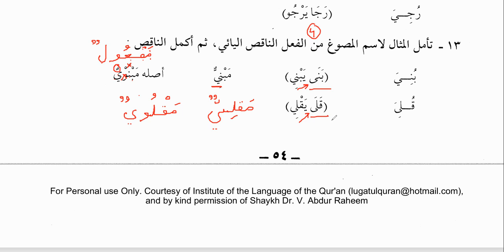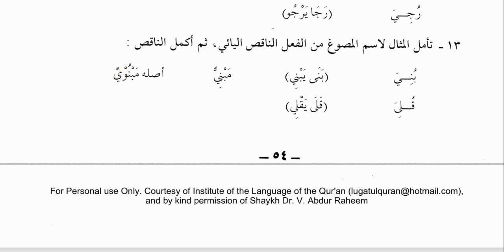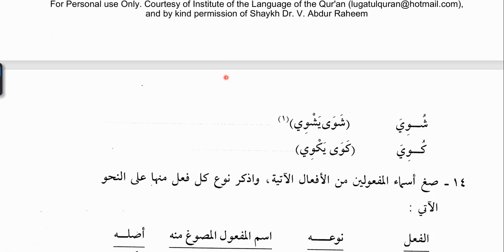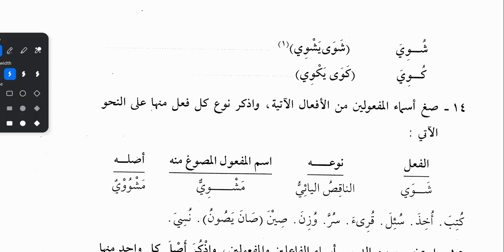Now let's do the next one. The next words are, let's do it. Okay, shuwiya, all these are majhul. We don't have anything to do with the majhul structure, but we will just concentrate on the present tense. Let's do it.